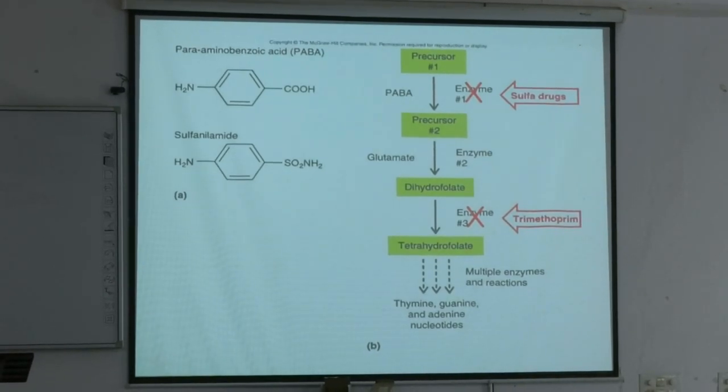Incorporation of PABA will be interfered with by the sulfur drug, hence it will stop the biosynthesis of folic acid, and folic acid deficiency will lead to damage to nucleic acid biosynthesis. Thymine, guanine, adenine nucleotide synthesis will be stopped.